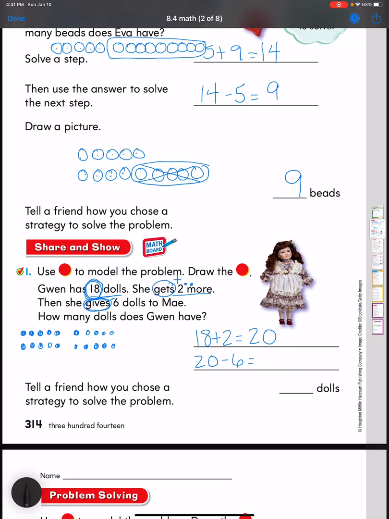I'm taking away 6 of them. These are the 6 that she gives away. We subtract them out of here. What is left? Well, I know this is 10, 10, 11, 12, 13, 14. She's left with 14 dolls. So it took me 2 steps to solve this. This one to find out how many dolls she had, and this one to find out how many she's left with when she gives 6 of them to May.